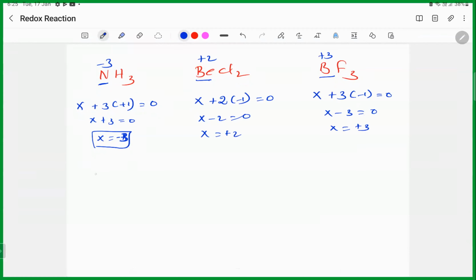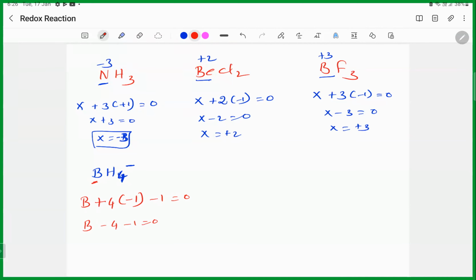Then consider BH4 minus. We have to calculate the oxidation state of boron. Boron plus 4 times hydrogen, where hydride is -1, equals -1.